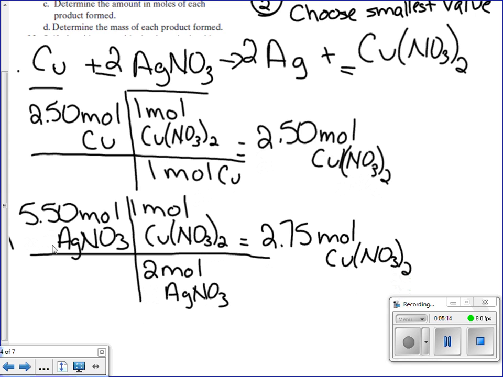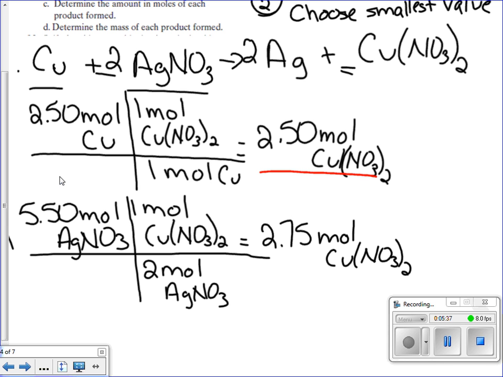If I give you 5.5 moles, you can make 2.75 moles of copper 2 nitrate. So which one of these two reactants, copper or silver nitrate, keeps us from making the most amount of product? It's going to be the one that gives you the smallest result. So that'll be this top one. So this is my smallest answer.